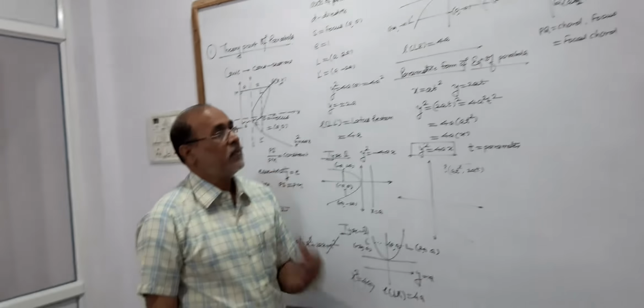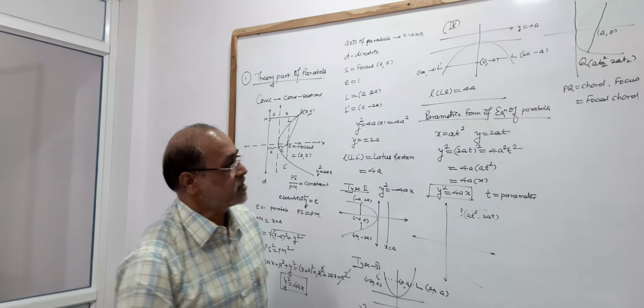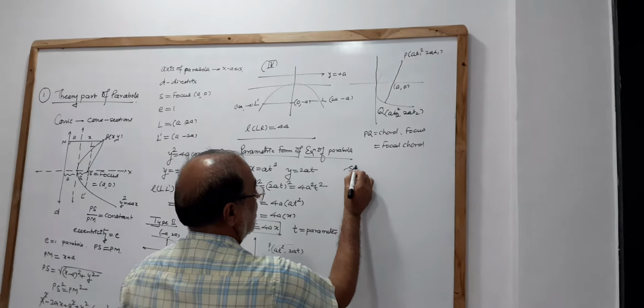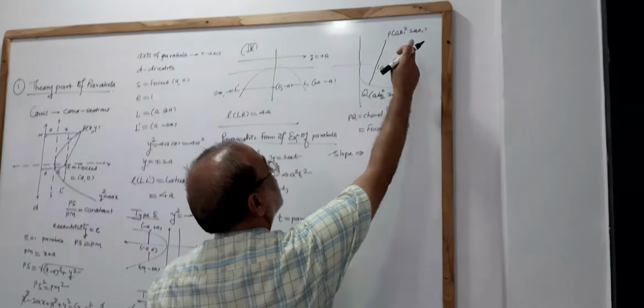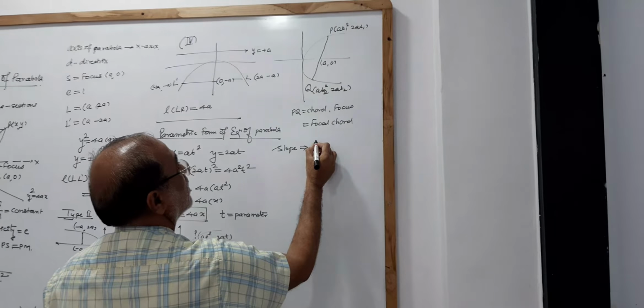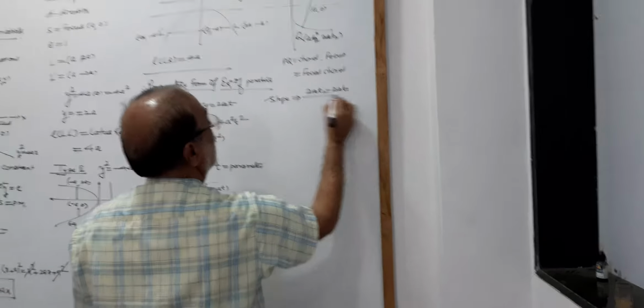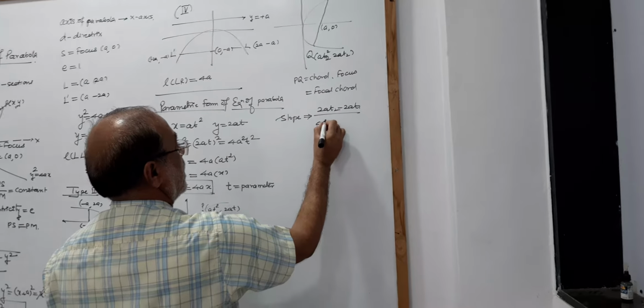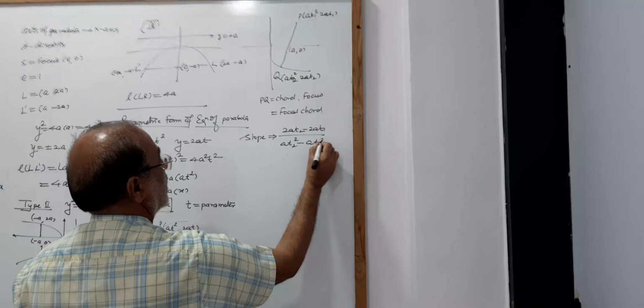Now, if I have to find the relation between t1 and t2 in this case, the slope of the line is y2 minus y1, that is 2at2 minus 2at1, upon x2 minus x1, that is at2 square minus at1 square.